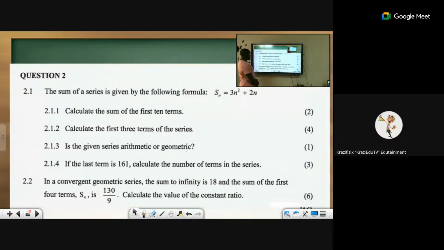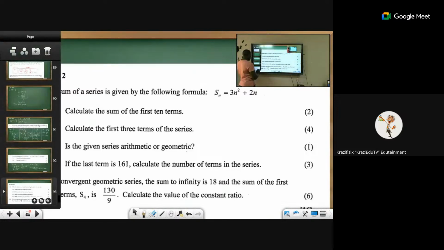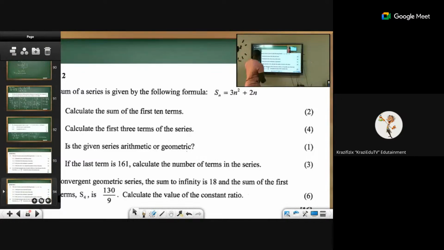I don't think this one should be difficult. I did 2.2 yesterday. Okay, let's run through this quickly. The full 16 marks.